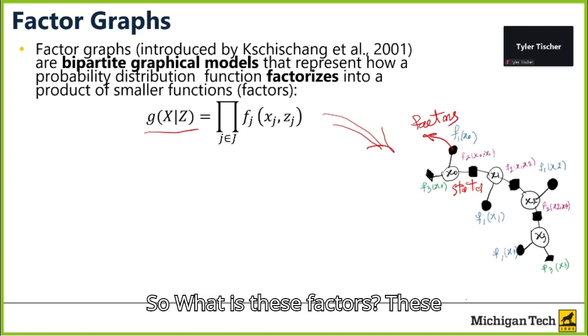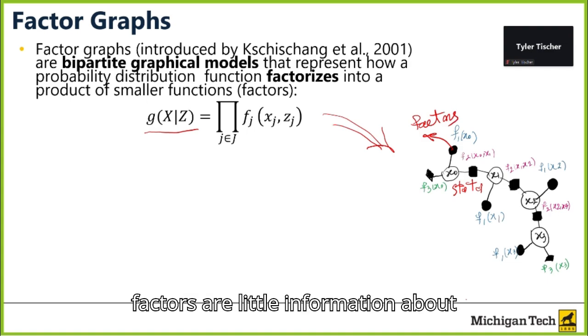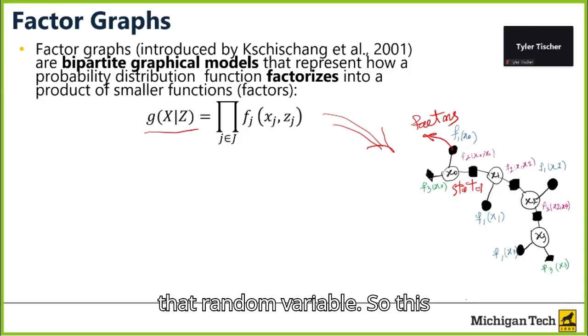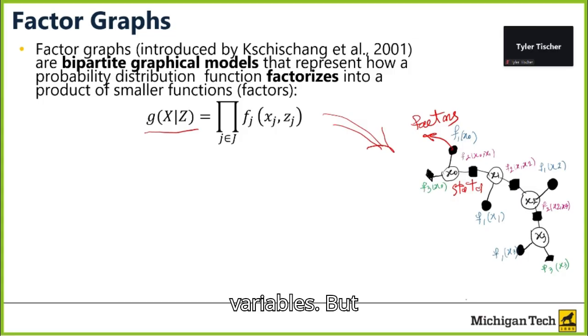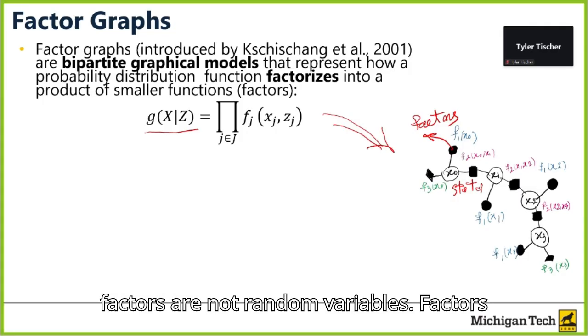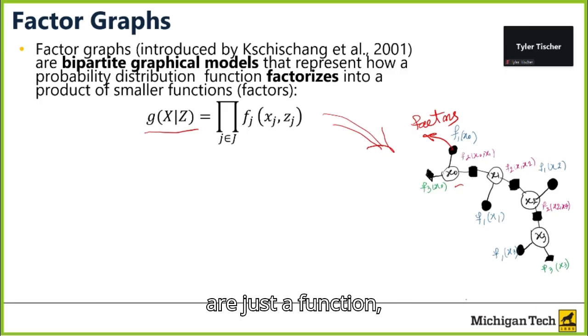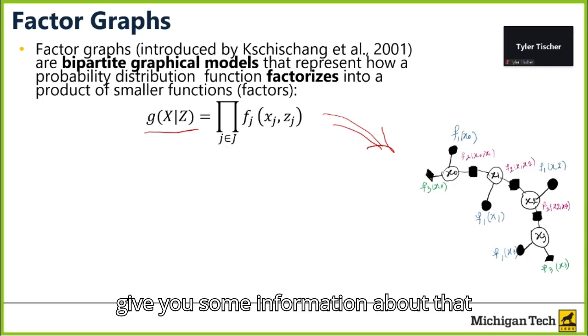So what are these factors? These factors are little information about that random variable. So these x1, x2, x3 are states, but also random variables. But factors are not random variables. Factors are just a function that gives you some information about that state.